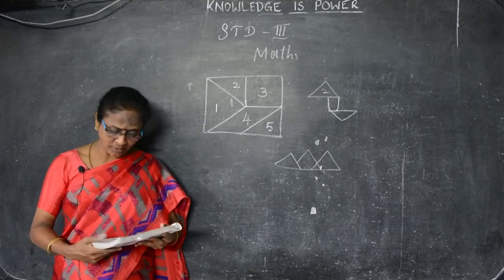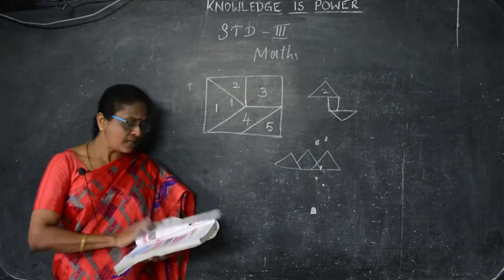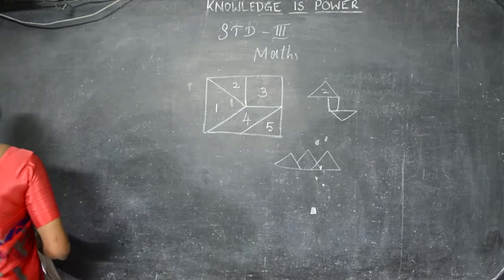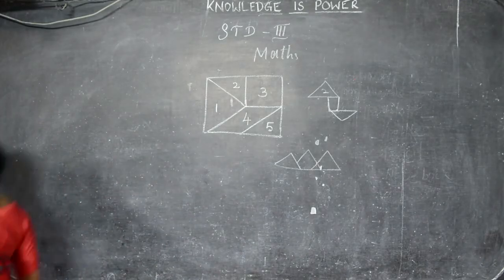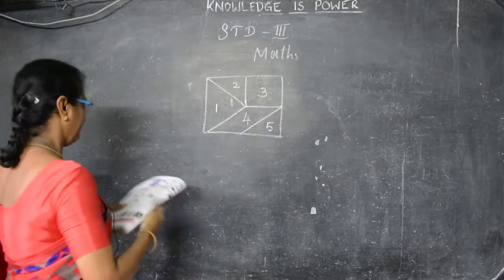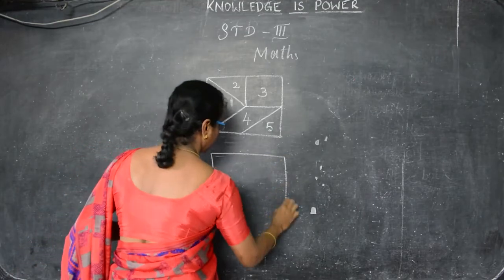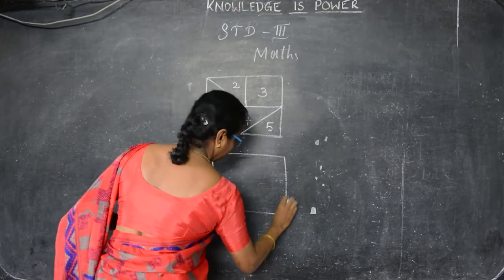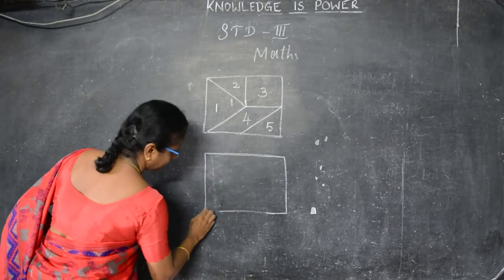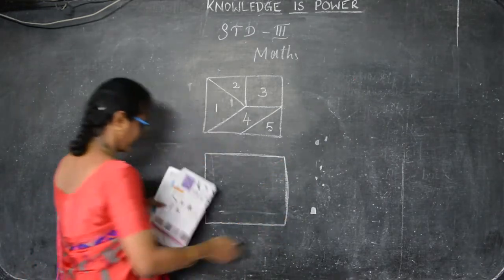So this is called a tangram. This is the 5-piece tangram. There is also a 7-piece tangram, and it is the same thing. I will show you. So the 7-piece tangram will come like this. From a square paper only, you have to cut it like this.